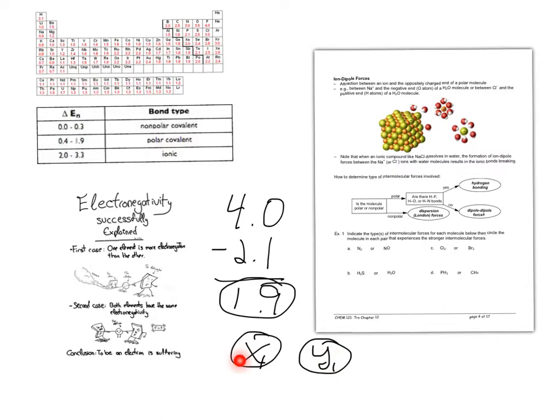So if you have a difference in electronegativity of 1.9, then you have a polar covalent bond. It's just that easy. Let's do another example real quick, and then we'll let you do some exercises, and we'll move forward.